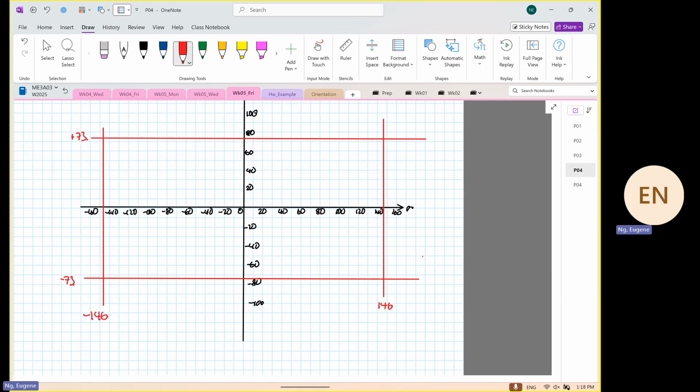Okay. Now, this is where we combine yield strength with Mohr circle. And you've seen it before. Yes or no? Remember, I started drawing a box the first day of Mohr circle. So what does this box mean? If your circle is out here, what will happen?